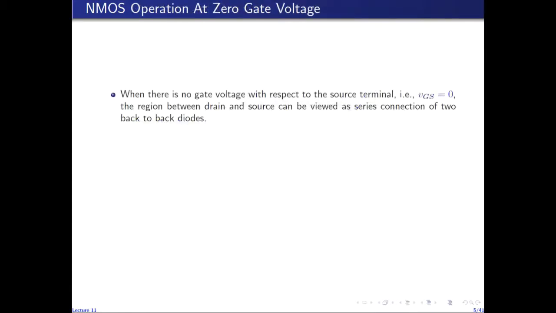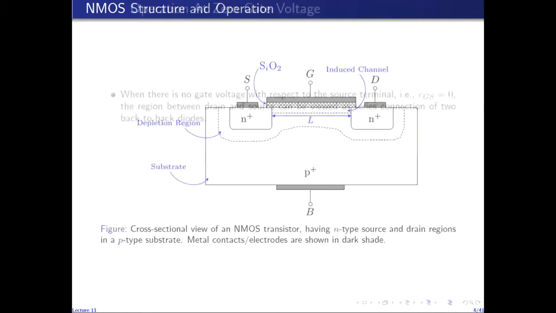When there is no gate voltage applied with respect to the source terminal, first of all, the voltages in the analysis that follows will be measured with respect to the source terminal. So the source terminal will be at the common ground for the circuit. When there is no voltage between the gate and source terminals, you can think of the region between the drain and source as a connection of two back-to-back diodes.